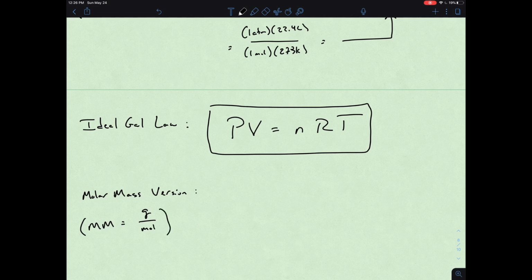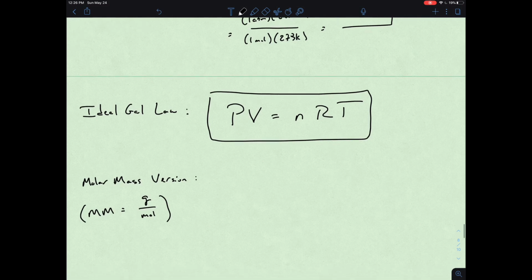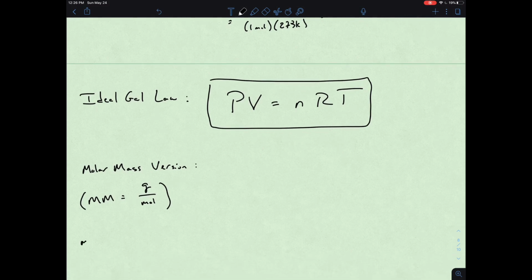And so if we think about what moles is actually equal to in terms of solving for it, moles would equal grams divided by molar mass, and that's equal to n.